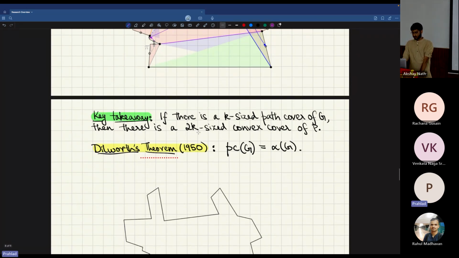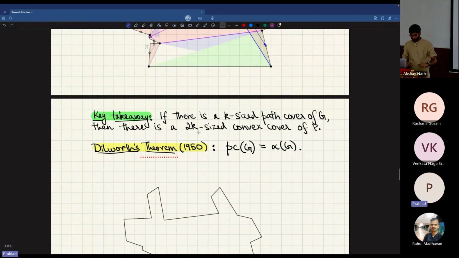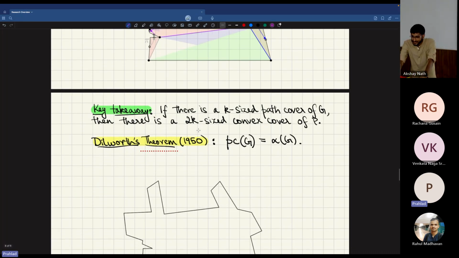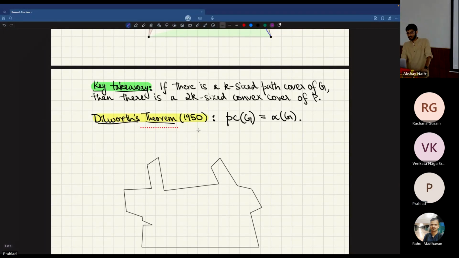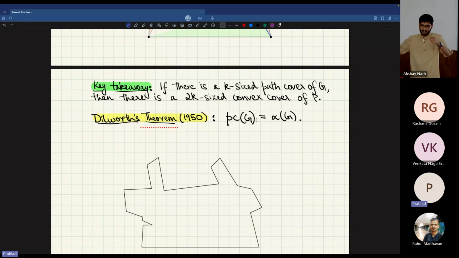So there's a very old theorem. It's from 1950, so I think I can say it's old without offending anyone. It says that the optimal path cover is equal to the independence number of the directed graph. So the independence number, again, is just things that don't have an edge between them, right?